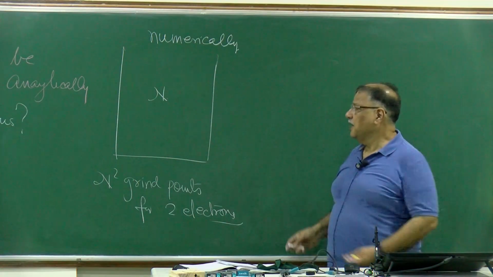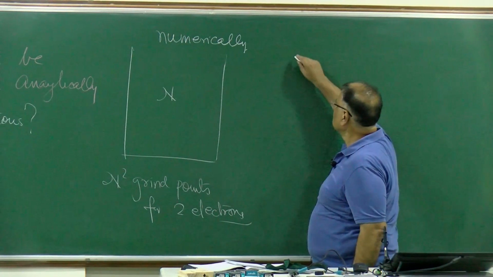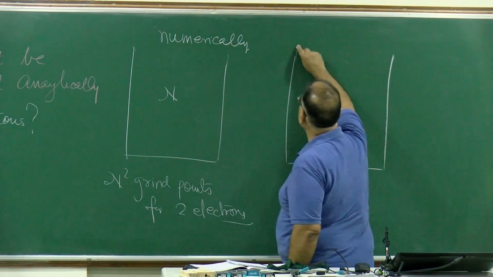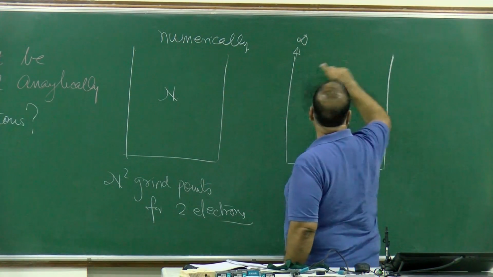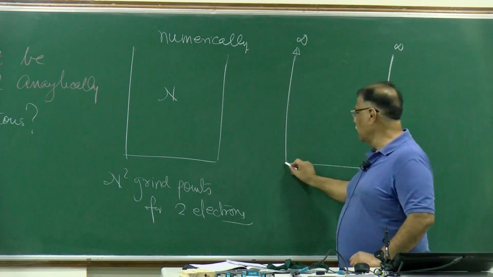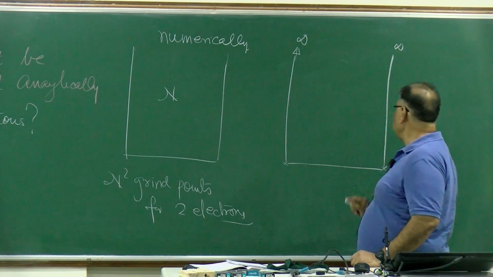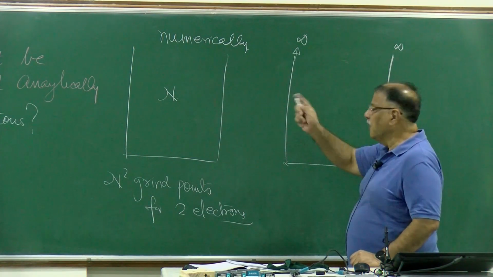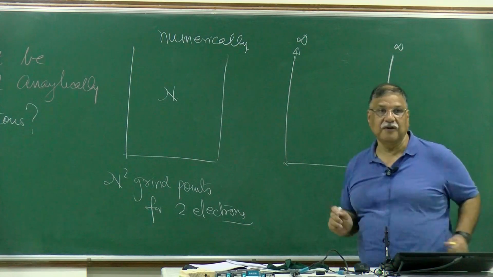Okay? Now let me ask you something else. Although I cannot solve it, intuitively, I know the wave function is zero out here. Can you tell me the probability of finding one of these particles somewhere? How would the graph look?